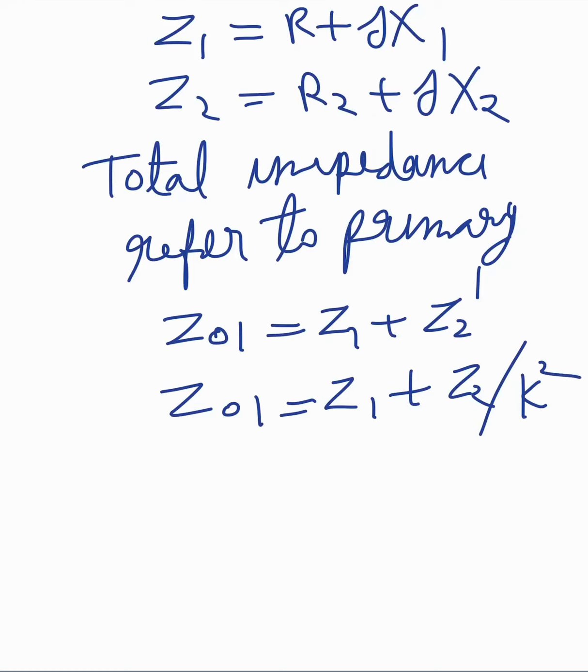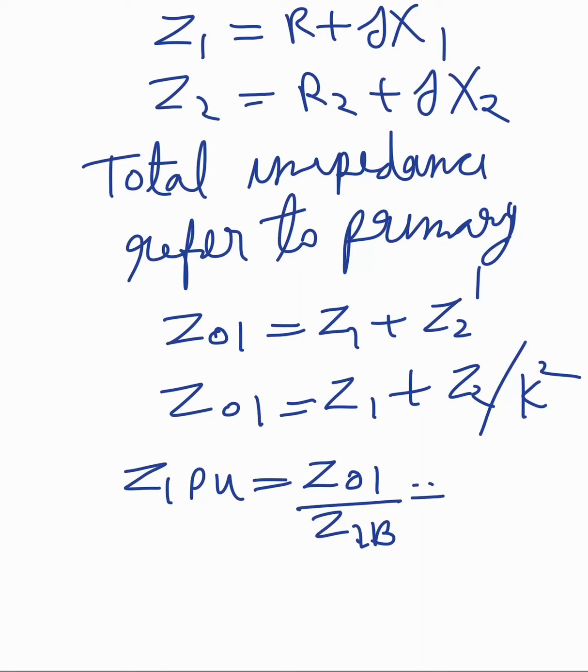So per unit impedance referred to primary, Z1 per unit is equal to Z01 upon Z1B, and that is equal to Z1 plus Z2 by K square upon Z1B.